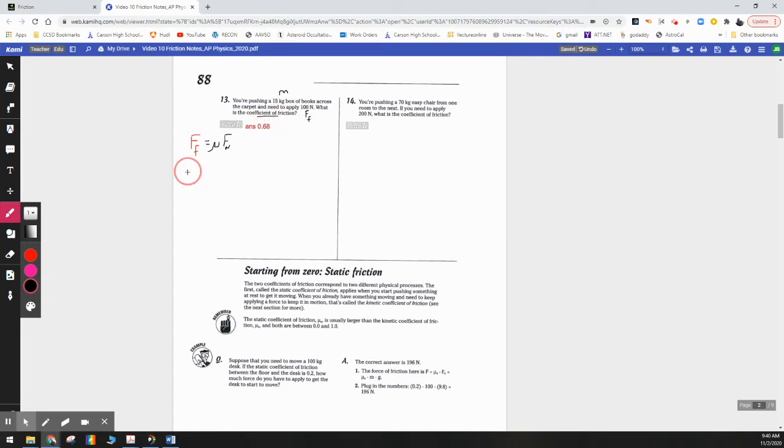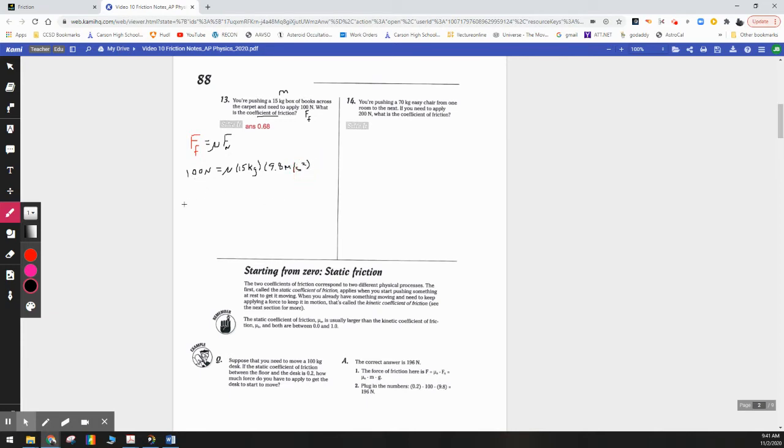So here it's going to be 100 newtons. That's the frictional force that you have to apply to make it move. This is mu, and it's 15 kilograms, and we have 9.8 meters per second squared.